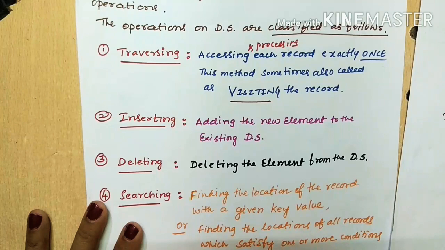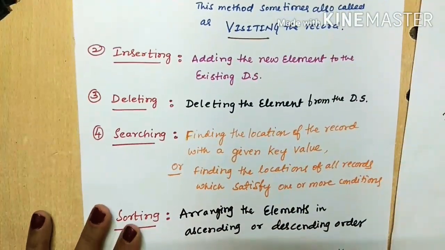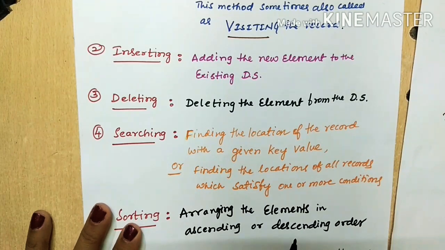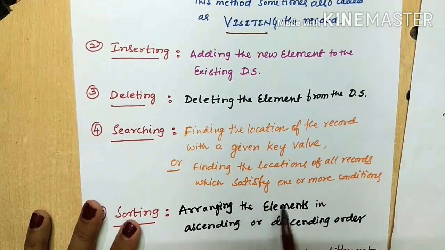Next, one more operation is called searching. The name itself indicates search: finding the location of the record within the set of data elements, or otherwise finding the location of all records which satisfy one or more conditions.